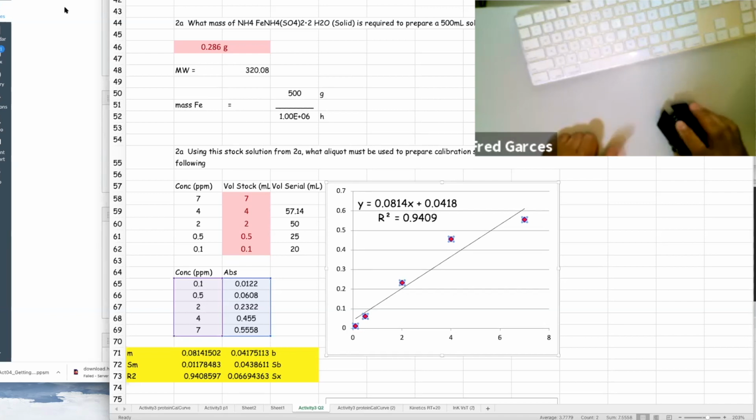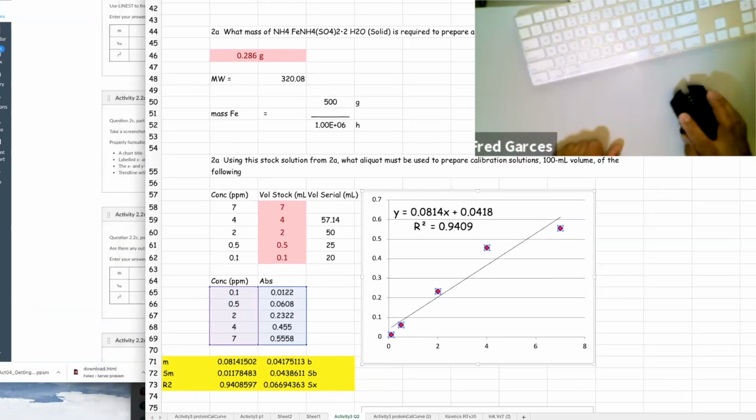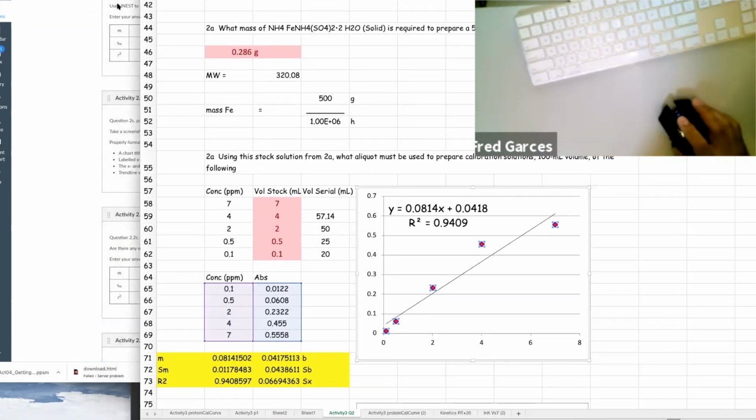If you can answer me, because I think I know what the problem is. Is it Sierra? Yeah, you're using Microsoft 360. Unfortunately, that version, I apologize, does not have the Linest function.